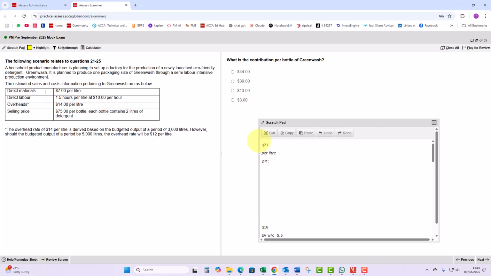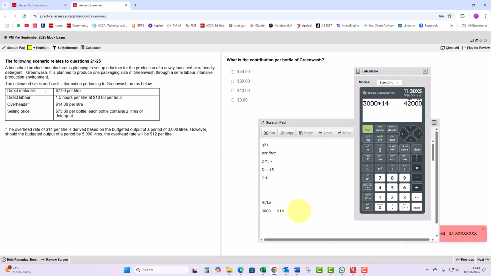I'm going to start by working in a per litre, and then I'm going to jump up to the per bottle. So for direct materials, we've got 7, direct labour, we've got 15, and then overheads, we don't know. So looking at the high-low, we've got overhead rate of 14 per litre if we're making 3,000. So 3,000 is 14 per litre, so that's 42,000 in total.